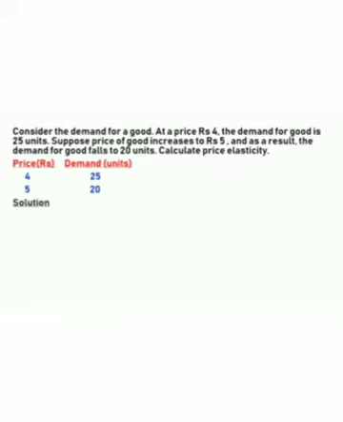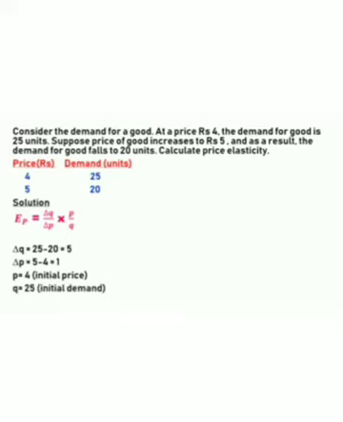First, let us write the formula of price elasticity of demand, that is EP is equal to delta Q by delta P into P by Q. Here, delta Q is equal to 5, delta P is equal to 1, P is the initial price which is equal to 4, and Q is the initial quantity which is equal to 25.